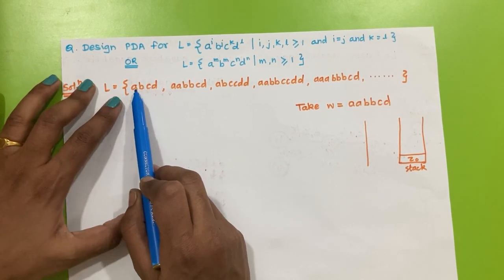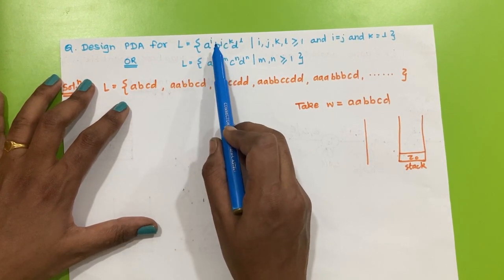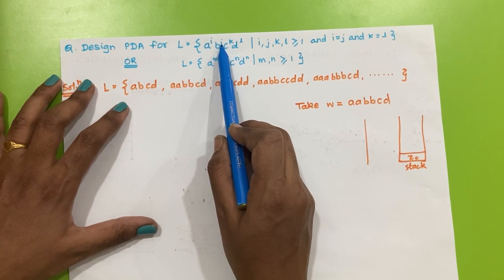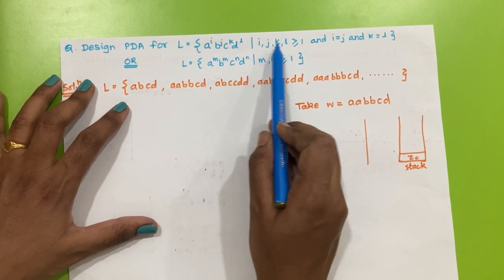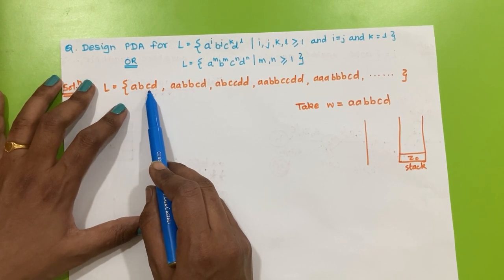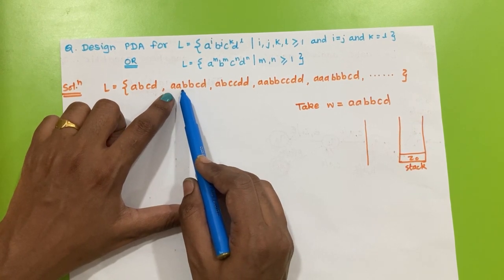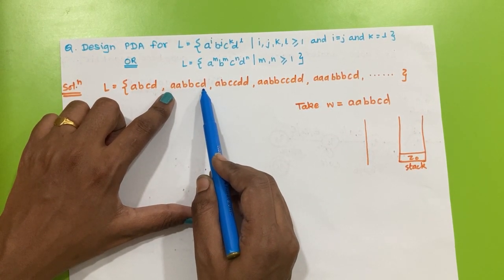So the smallest string will be ABCD. If we take value of i, j, k, l equal to 1, then the string formed will be ABCD. Now the next smallest string can be AABBCD.